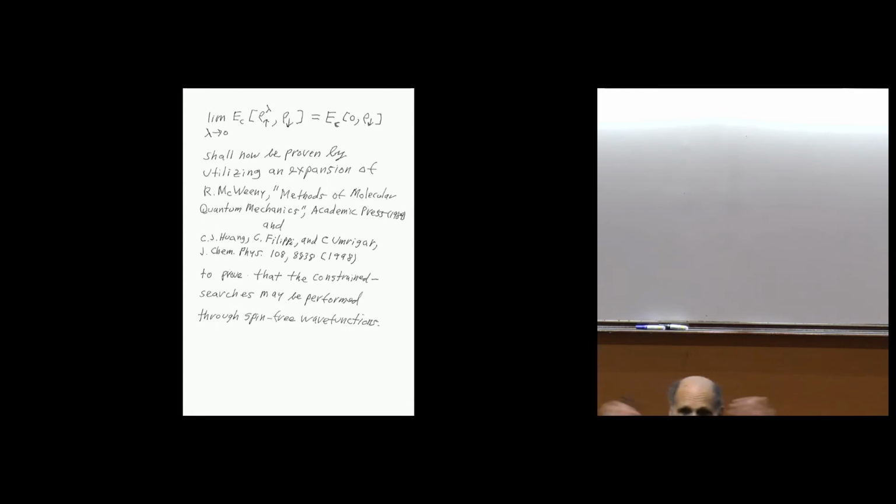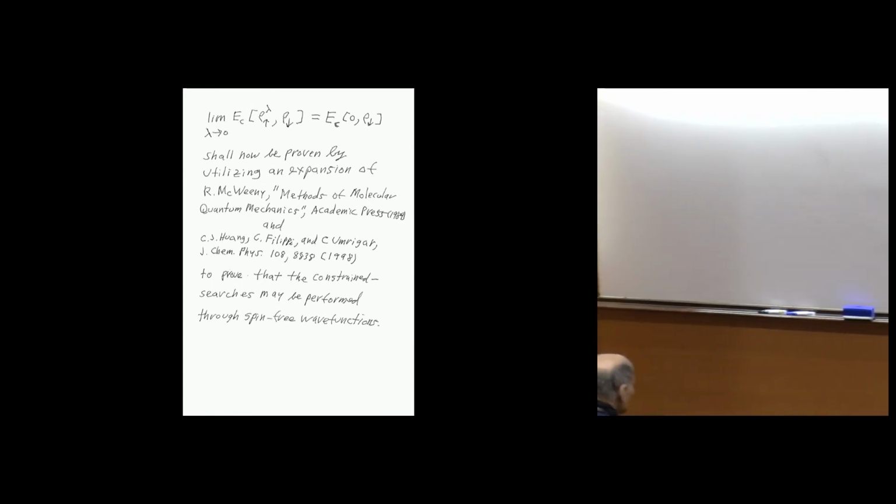Your wave function that contains space and spin is anti-symmetric. So which coordinates do you scale? You scale coordinates, but the electrons are indistinguishable.